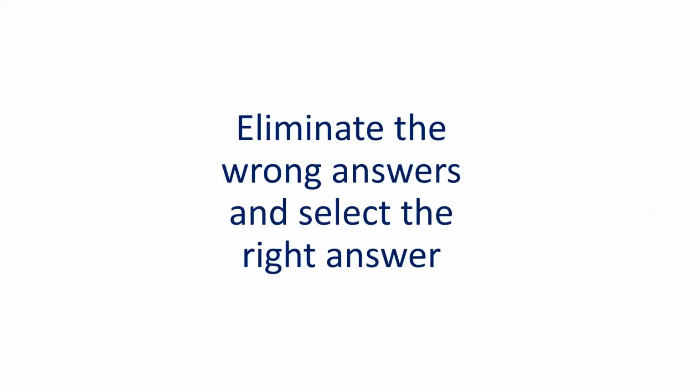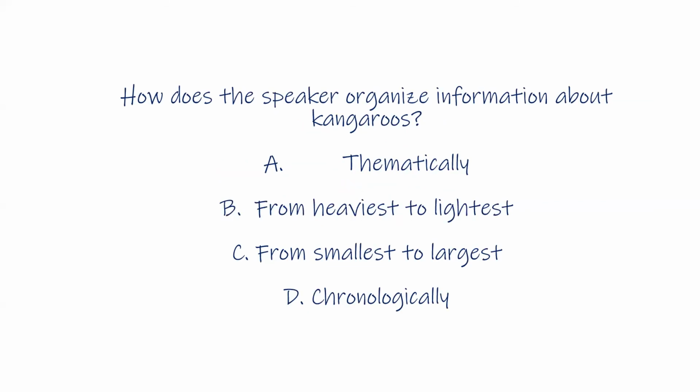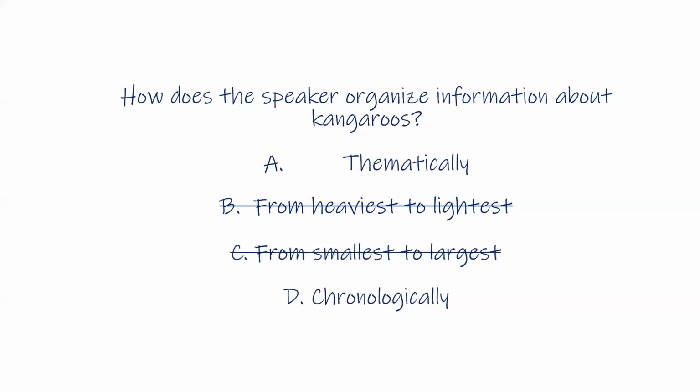Step 4. Eliminate the wrong answers and select the right answer. If you remember from the notes we just talked about, we can now rule out answer B because the last kangaroo was neither the heaviest nor the lightest. And the same with answer C. The first kangaroo, the red, was the largest and the heaviest. So B and C don't work.